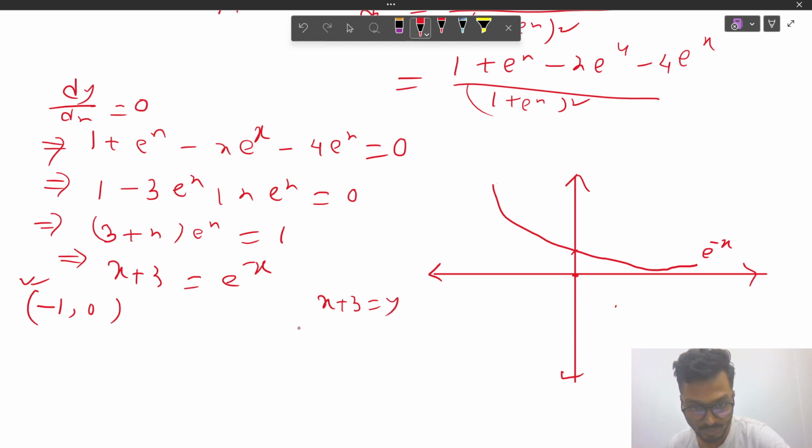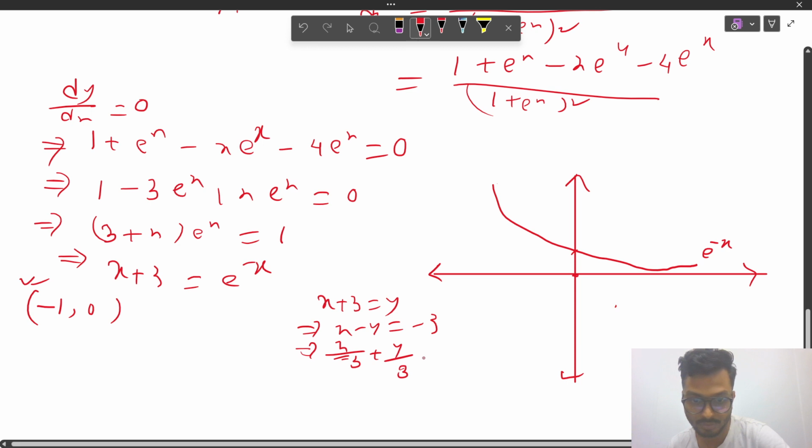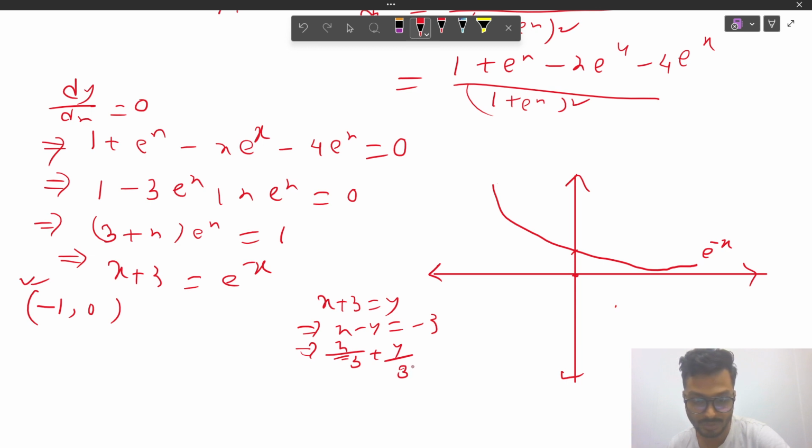So y equals x plus 3, which implies x minus y equals minus 3, which implies x by minus 3 plus y by 3 equals 1. So this is our point minus 3, 0, and this is our point 0, 3, right?